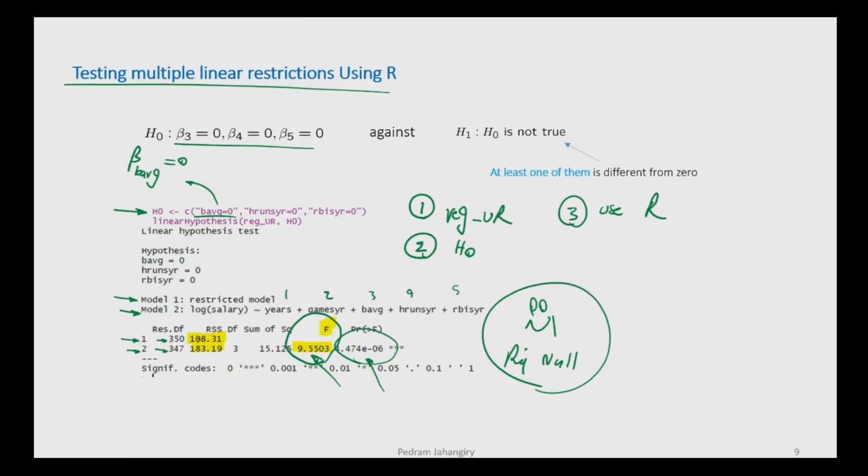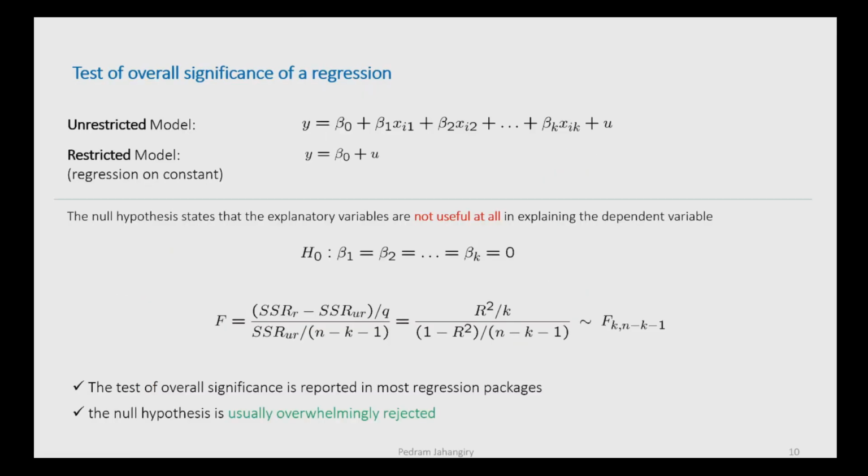And then this is the SSR of the restricted model, SSR of the unrestricted model, right? So we already have these numbers, and look at those numbers as well. Actually we have done that. So there's an exercise I'll leave you with in the next video probably, that I want you to confirm these numbers manually at least once. Okay, so let's pause the video here. In the next one, we're going to talk about overall significance.